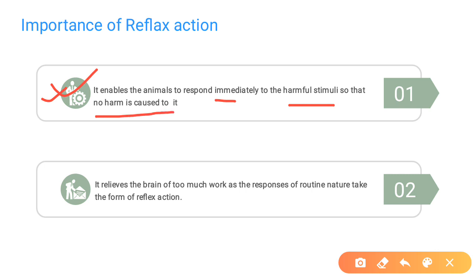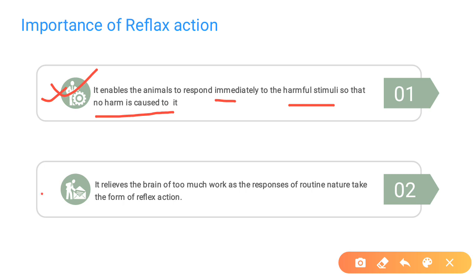So think about it, if we touch a hot thing and can't remove our hand immediately, our hand will be burnt. That is why an immediate response is needed to rescue the part of the body which is touched by the hot thing.